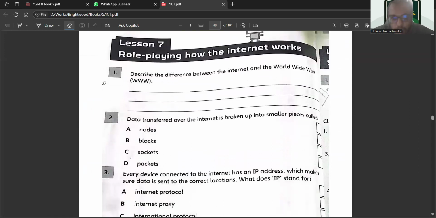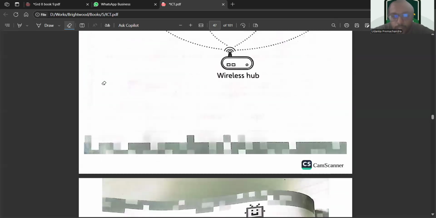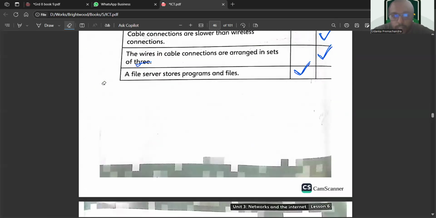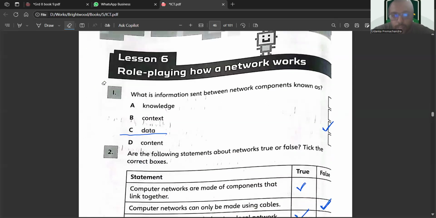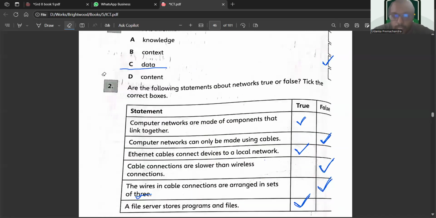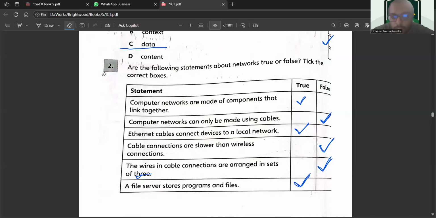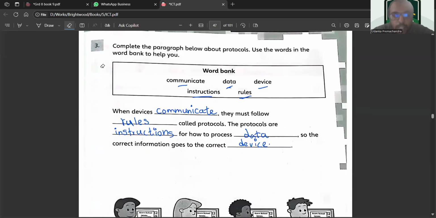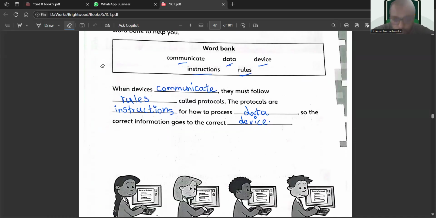We'll move on to lesson 7. You wrote the lesson 6 answers. The first one should be data. Second, true, false, true, false, false, true. The answers are communicate, rules, instructions, data, and devices.